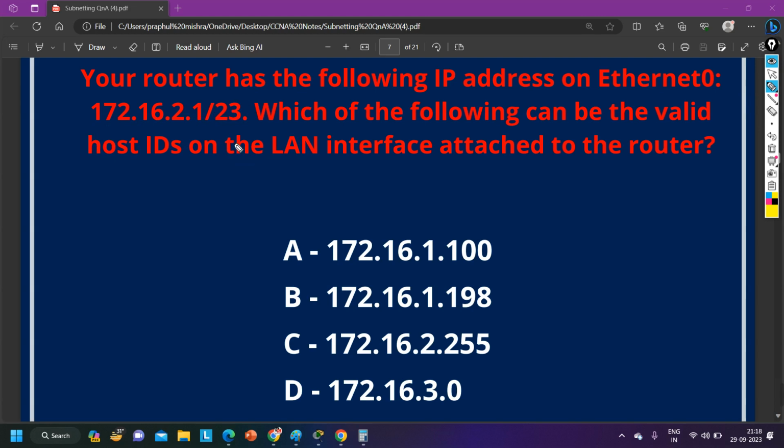How to find it? 2.255. C. 2.255. Option C. How, brother? No, it's the subnet. Okay. Valid IP, right? Valid IP address. This one is also valid IP address, and I have one router like this, and router have this IP address, and here we have some LAN user.